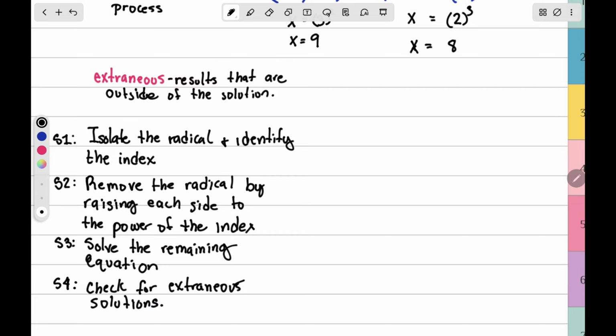Because just because you get a result, just because you get an answer, does not make it the answer to the problem. Yeah, I know. But now it is imperative that you check. All right, here we go.